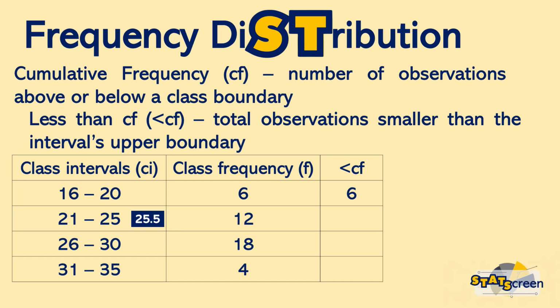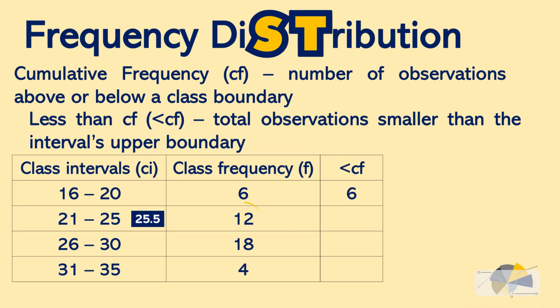Yes, this 12, which belongs to the class interval 21 to 25, are all smaller than 25.5. And of course, they are part of the result, but they do not complete the result. The answer here also includes the earlier 6. Notice that those 6 earlier are values from 16 to 20, and obviously they are also smaller than 25.5.